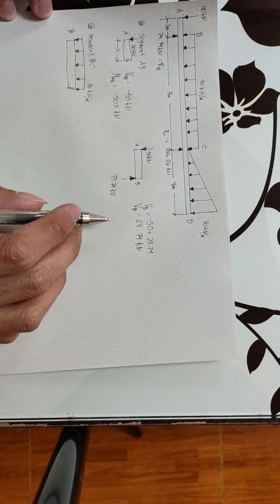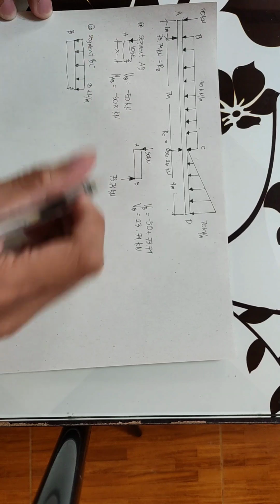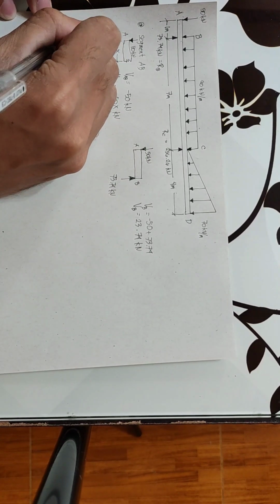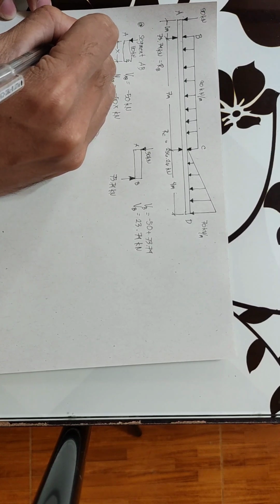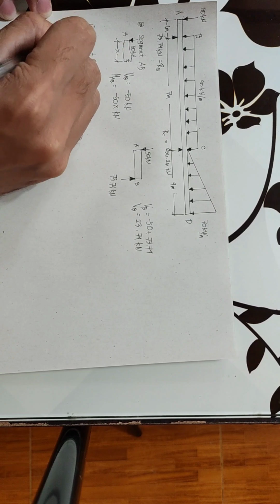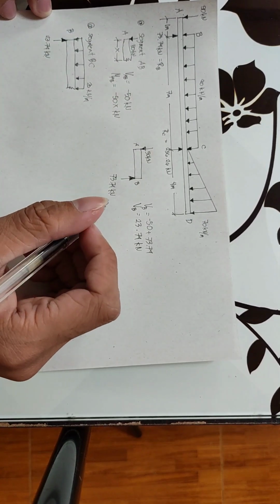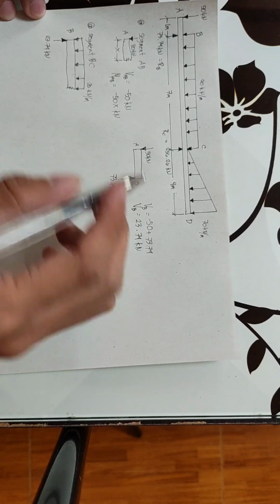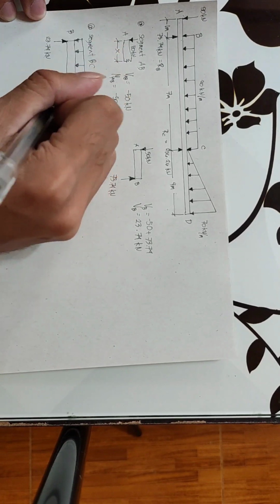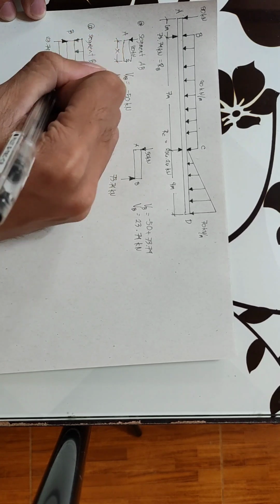And since our VB is located here, since it's positive, we draw the force upward, 23.74 kilonewton. So this is our segment BC, and from B to the dotted line, we let the distance be x.